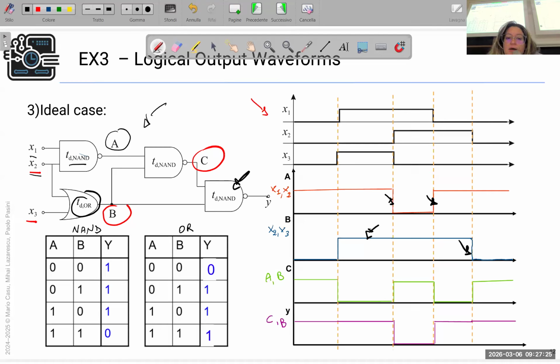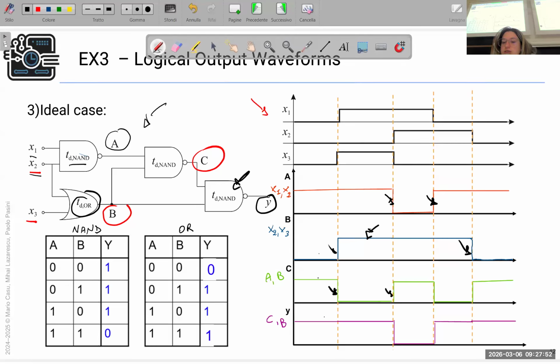Now the last case, we have to take as input of the last NAND, C and B, and we have the output. Let's see it here, just because if I draw it from the beginning, I make a mistake. There is a NAND, so we have 0 and 1, 1. Then let's see where there is the switch of the input. So here and here, we have 1 and 0, so 1.